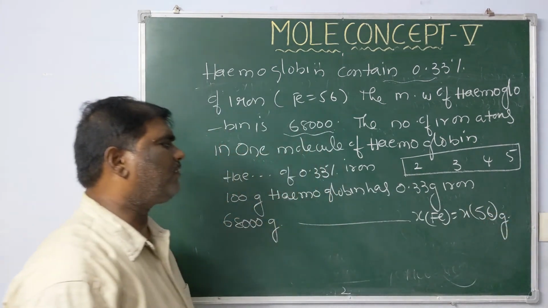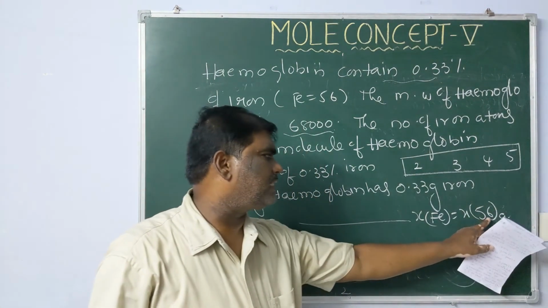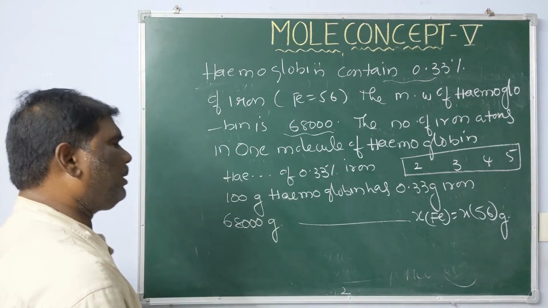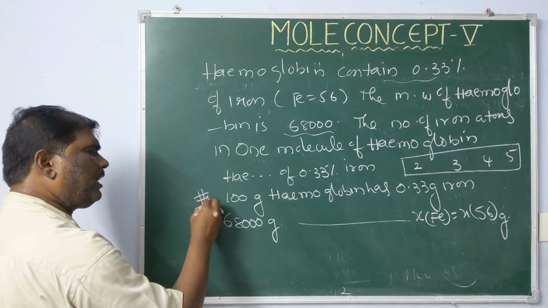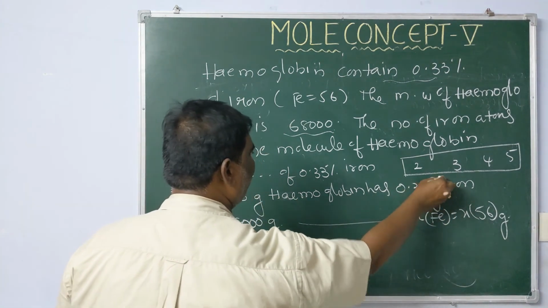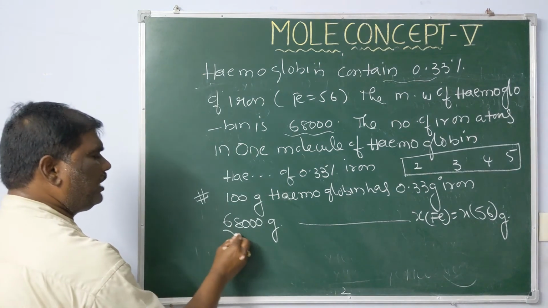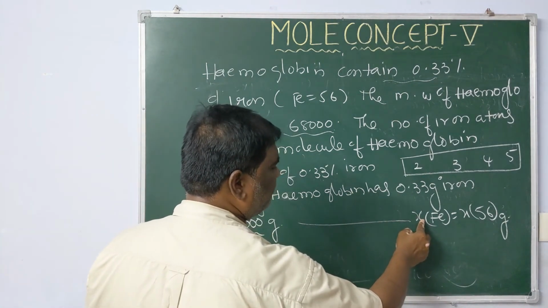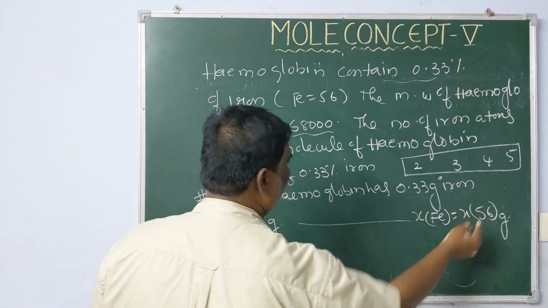I am repeating once again. Given is every 100 grams of hemoglobin has 0.33 grams of iron. Now in 68,000 grams, let us say there are X iron atoms. So the weight of iron is X into 56.